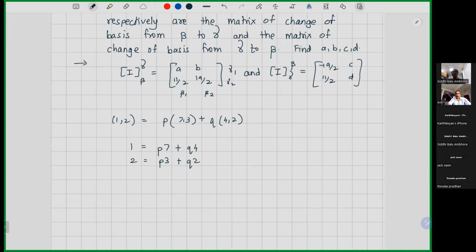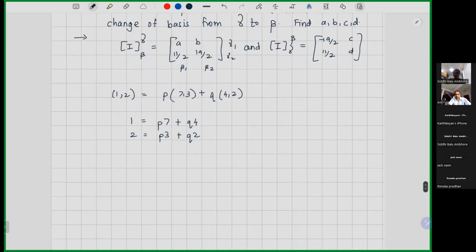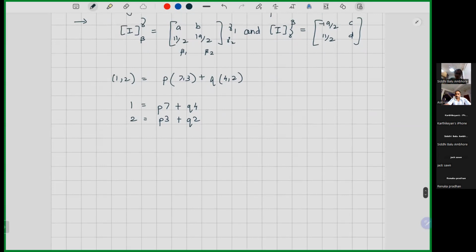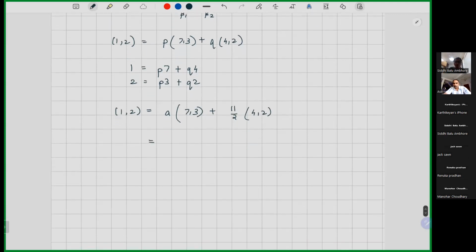Or we are already given that I beta gamma is a basis change matrix. So from this information, I already have that (1, 2) is A into (7, 3) plus 11 by 2 into (4, 2), right? So I can directly substitute these values here.